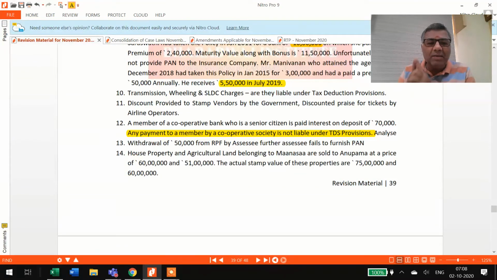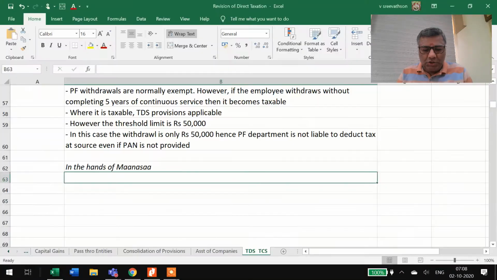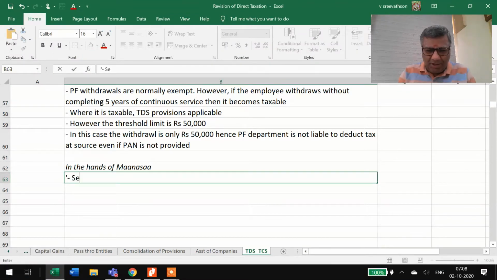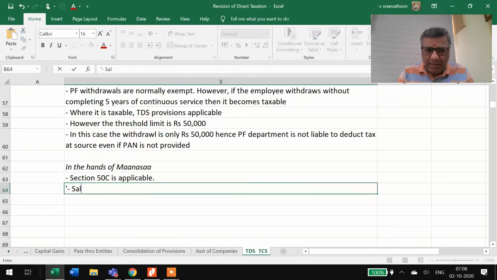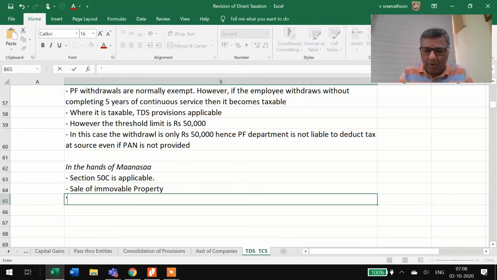Remember, house property and agricultural land belonging to Manasa are sold to Anupama at a price of 60 and 51 lakhs. So for her, just a recollection, section 50C is applicable. Sale of immovable property, both are immovable property.